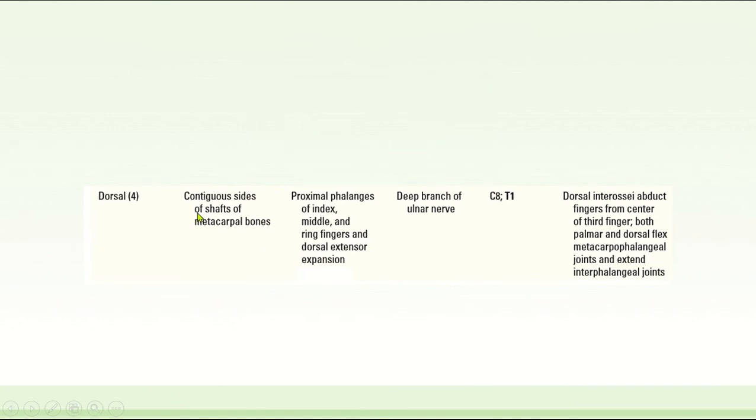Their origin is from the adjacent sides of the shaft of the metacarpal bones, and their insertion is in the proximal phalanges of index, middle, and ring finger and dorsal extensor expansion. It is supplied by the deep branch of ulnar nerve, and the nerve root is C8 and T1. Dorsal interossei abduct fingers from the axis of the third finger, flex metacarpophalangeal joints and extend interphalangeal joints.